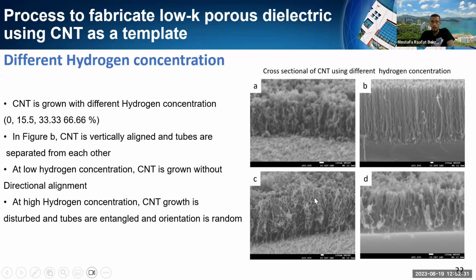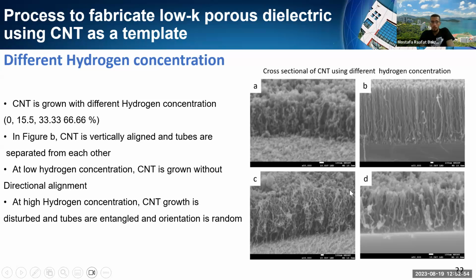And for high hydrogen concentration, we found that the CNT growth is disturbed, because a very high hydrogen concentration disturbs the CNT growth, and the orientation is becoming random as shown here, and with even higher hydrogen concentration it is getting worse.